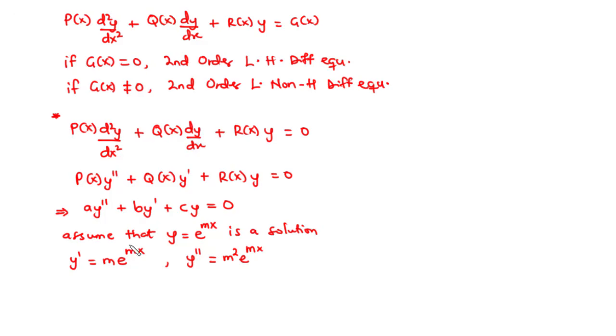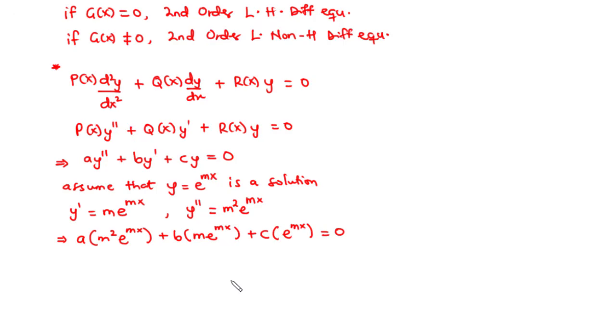The next thing we are going to do is to substitute these two into the original differential equation given, so that you are going to have a times y prime prime, that is m squared times e to the power mx, plus b times y prime, which is m times e to the power mx, plus c times y, which is e to the power mx, equals 0.